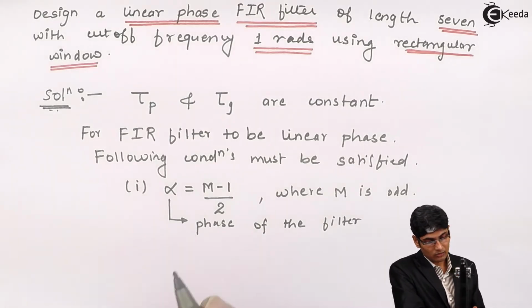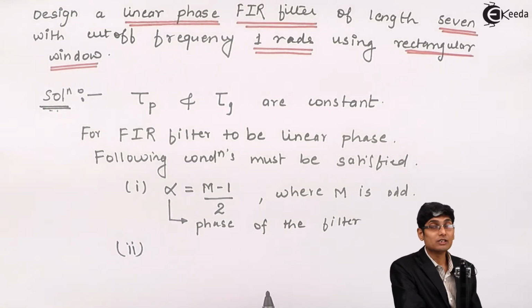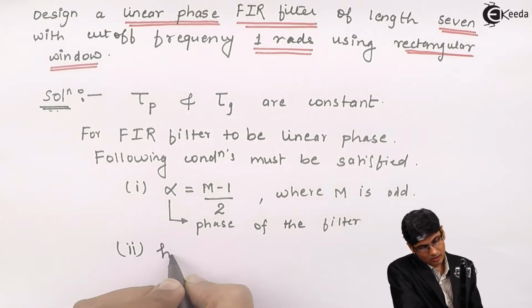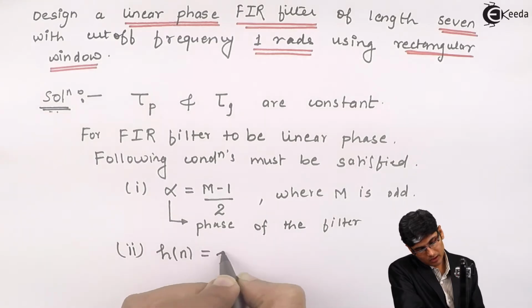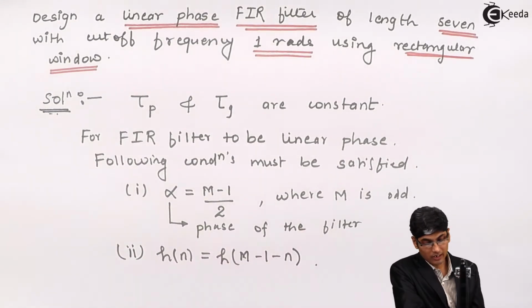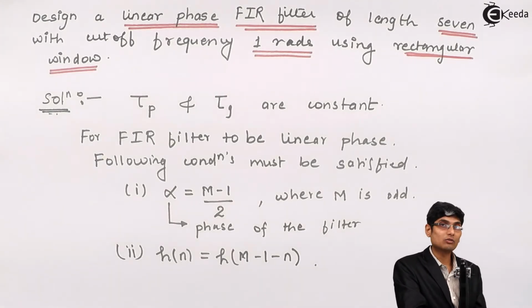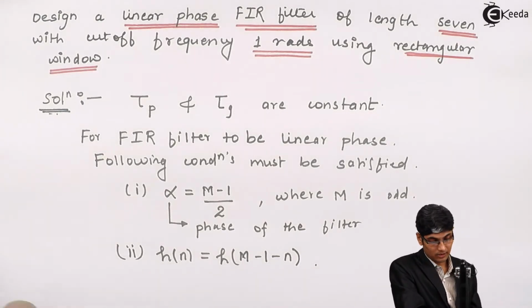That is what alpha stands for. The second condition is h of n must be equal to h of (m minus 1 minus n). This condition also must be satisfied.